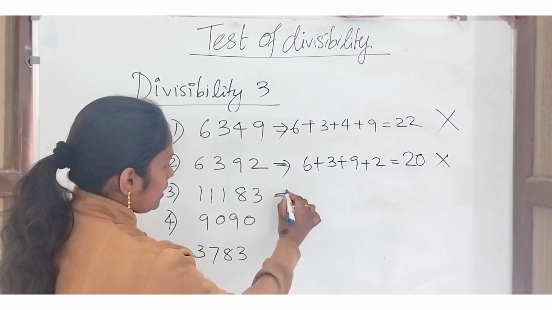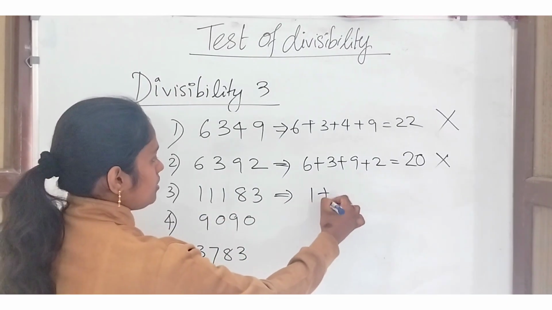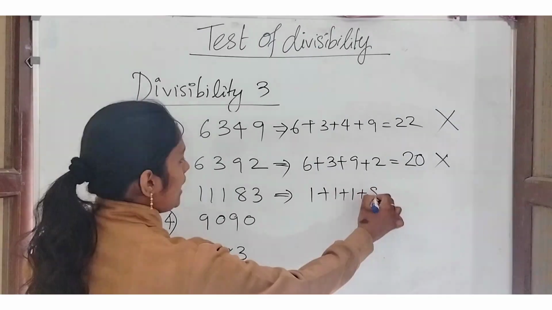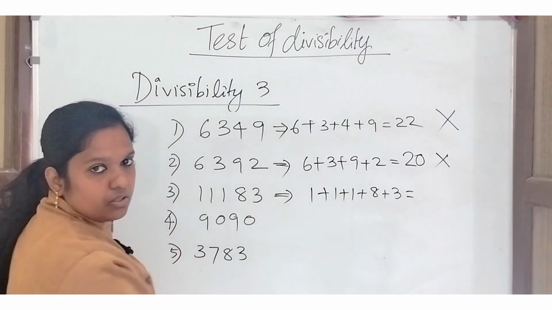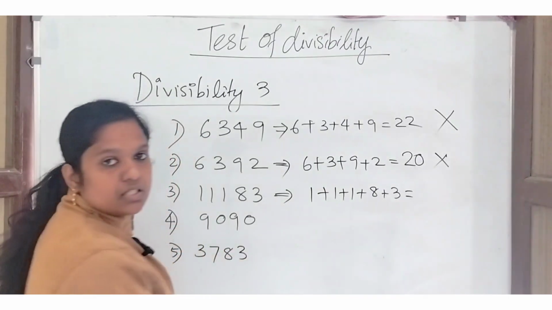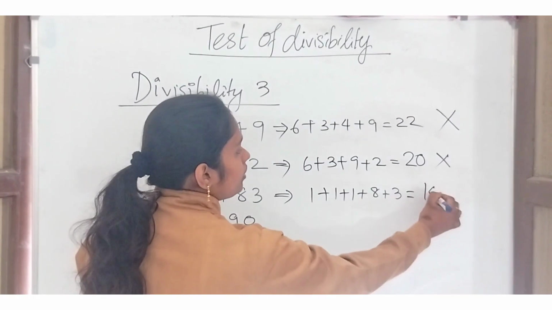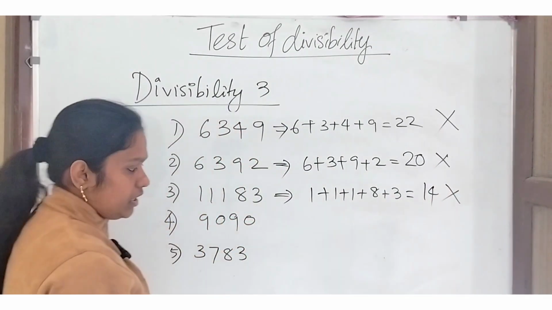Then another number is this one: 1 plus 1 plus 1 plus 8 plus 3. 1 plus 1 plus 1 equals 3, plus 8 equals 11, plus 3 is equal to 14. 14 is not divisible by 3, so this is not divisible by 3.